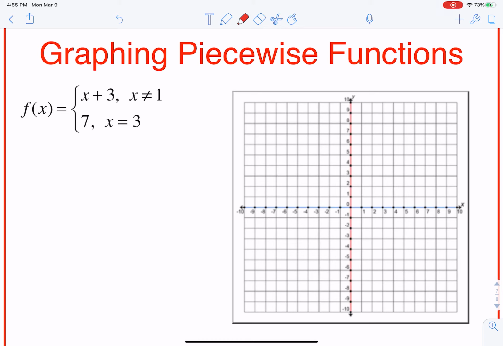If I take a look here, everywhere where x does not equal 1, I'm going to plot x plus 3. So here is my 3, and I'm just going up 1 over 1, up 1 over 1, up 1 over 1.